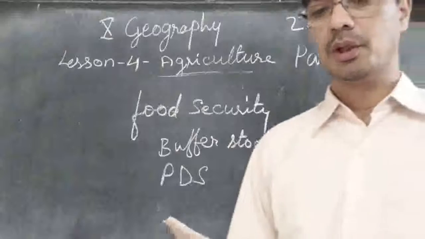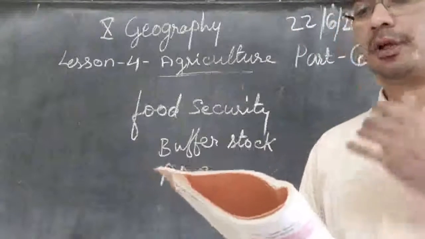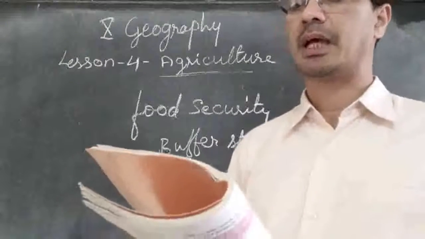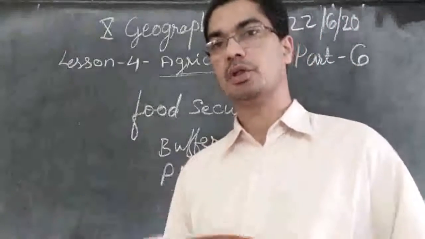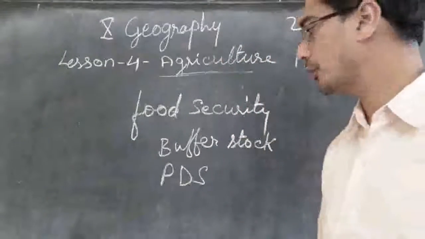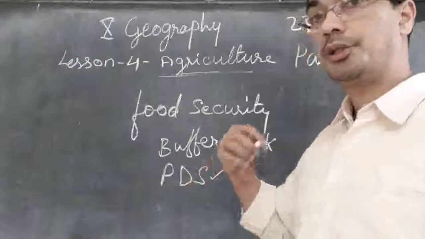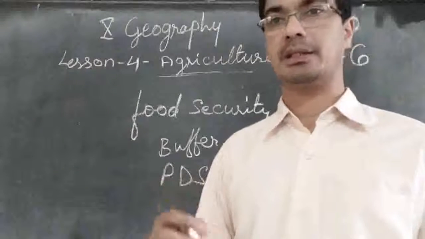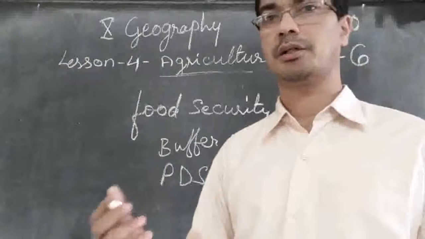So as you know, PDS is a program which provides food grains and other essential commodities at subsidized prices in rural and urban areas. So PDS is a system started by government that government will distribute the essential food grains, rice, some oil, wheat, atta, and so on to the people.